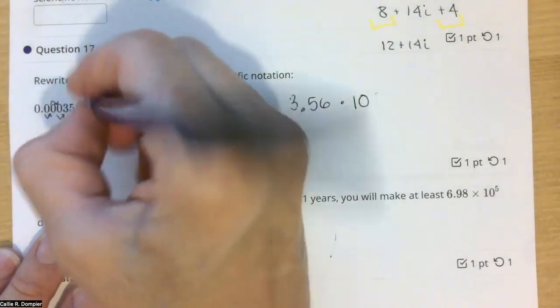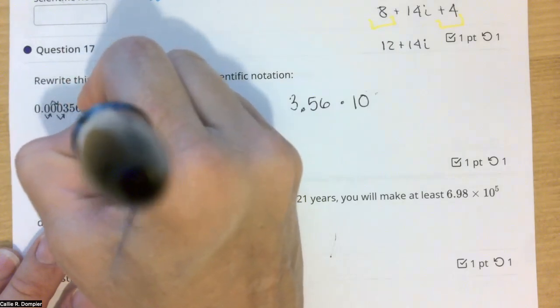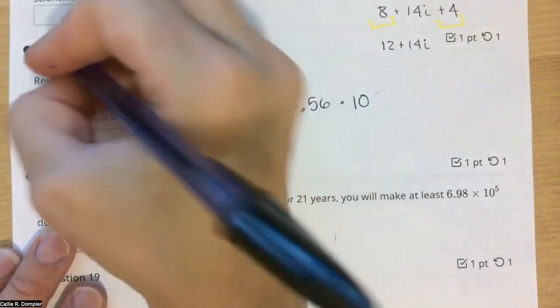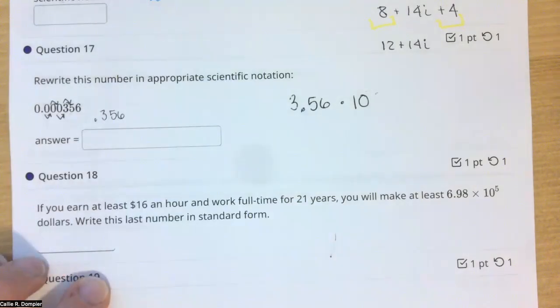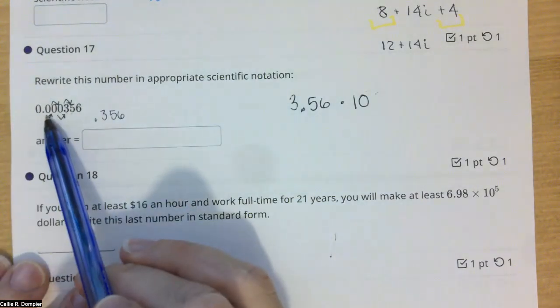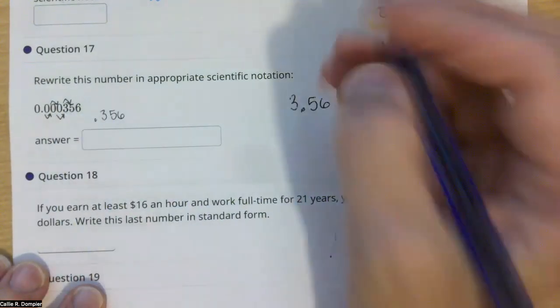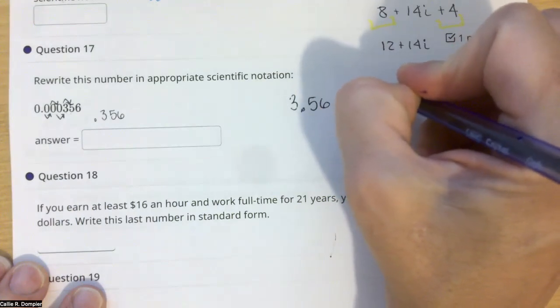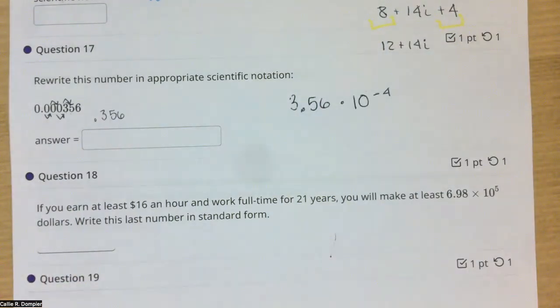You have to keep going because we're not going to say 0.356. We're going to say 3.56. So we'll go one more. All right, let's count those. We have 1, 2, 3, 4 times 10 to the -4. Good.